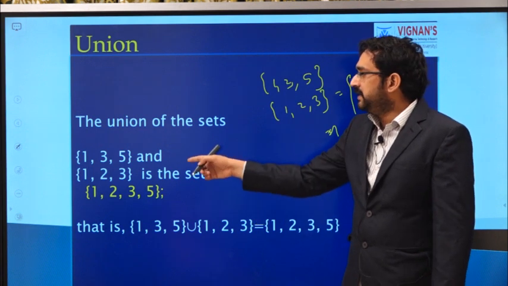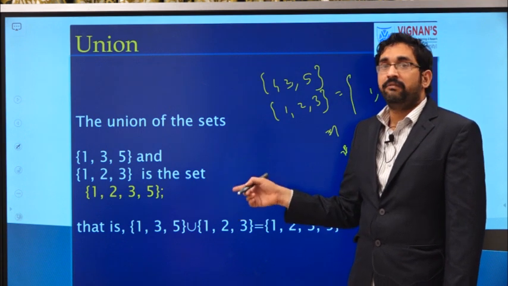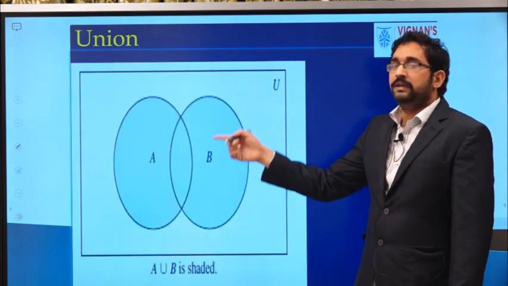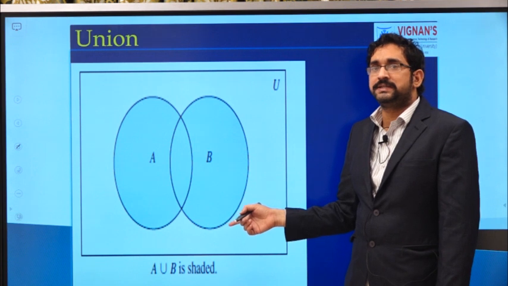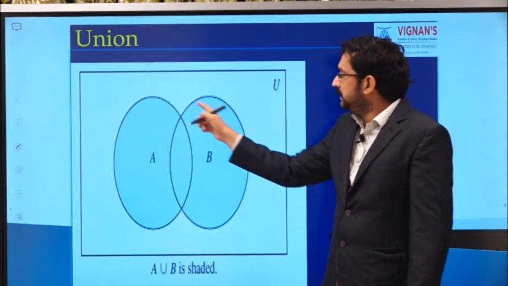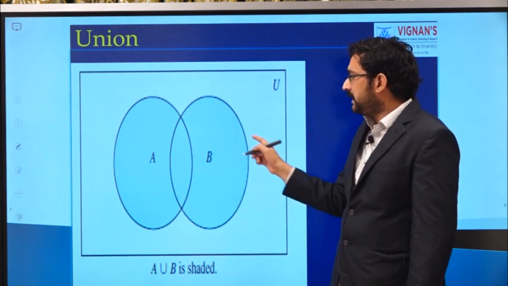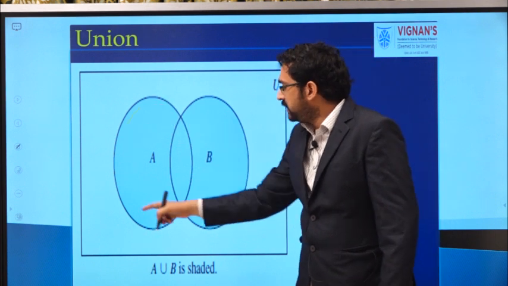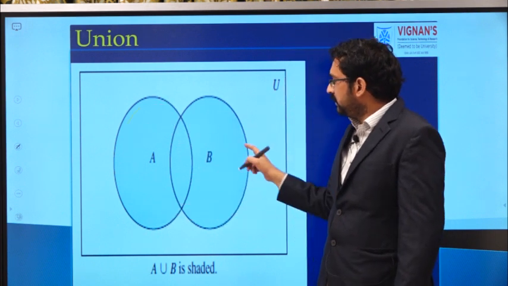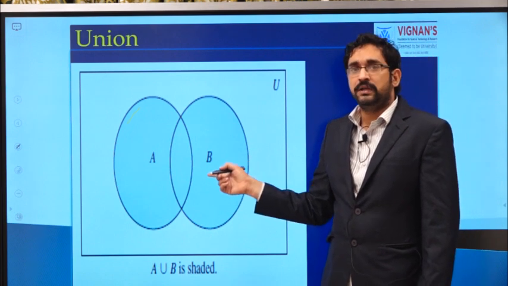So the union of {1, 3, 5} and {1, 2, 3} will be {1, 2, 3, 5}. Using a Venn diagram also we can represent the union. Here U is considered the universal set, A is one set and B is another set. So A union B is the shaded part, the elements which are in A, which are in B or which are in both. This represents the union of A and B.